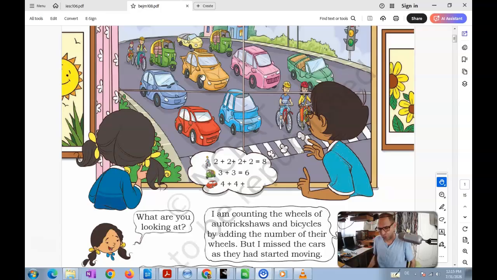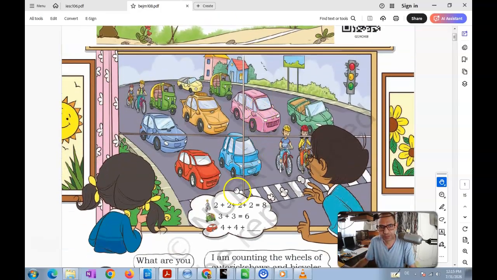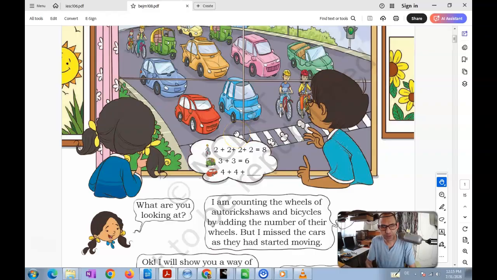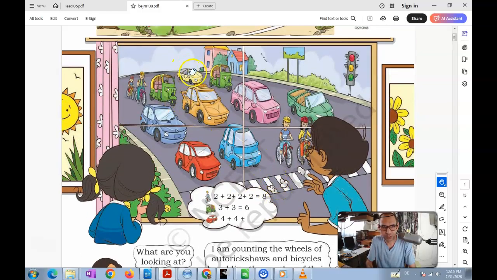Okay, so what these two children are doing is counting the number of wheels of these cars and auto rickshaws and bicycles. They are standing behind a traffic light on the street, so you don't have much time to count the number of wheels.